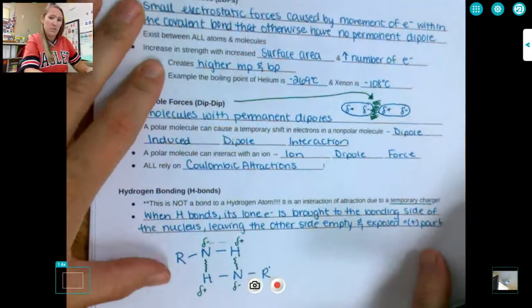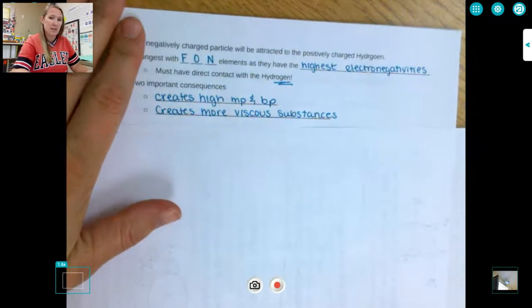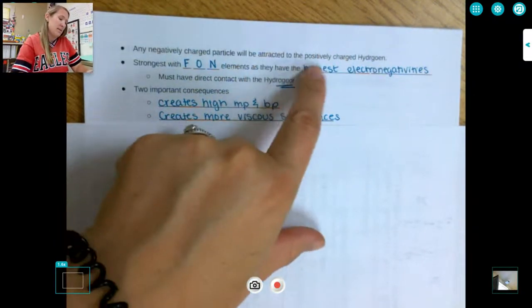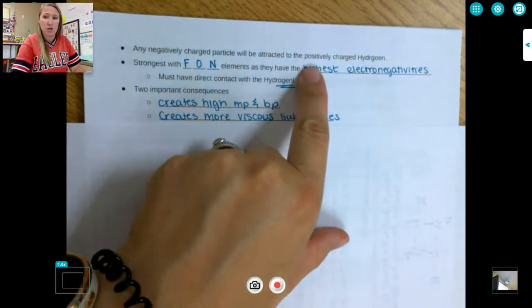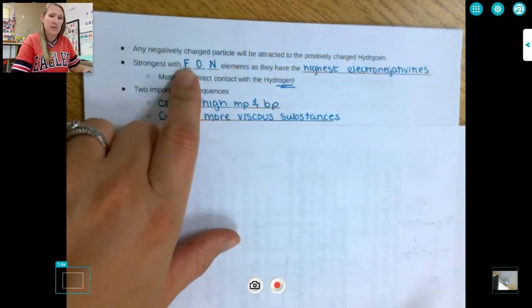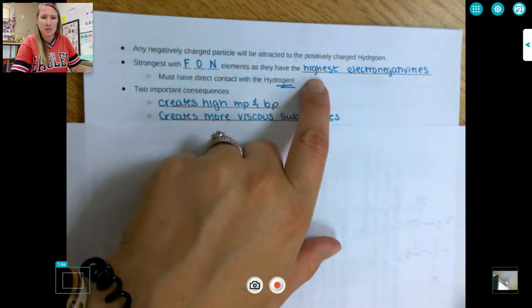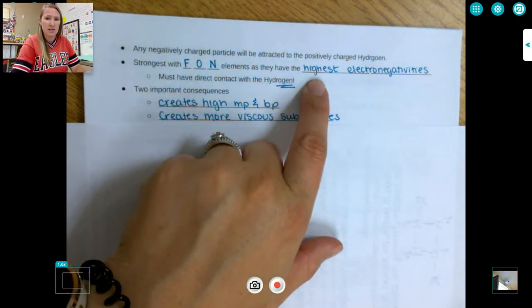So let's look a little bit more into this. Like I said, it only happens with specific atoms, and it makes the hydrogen be considered partially positively charged. So it's strongest with our fun elements, FON: fluorine, oxygen, nitrogen. And that's because these have the three highest electronegativities of anybody on the periodic table.